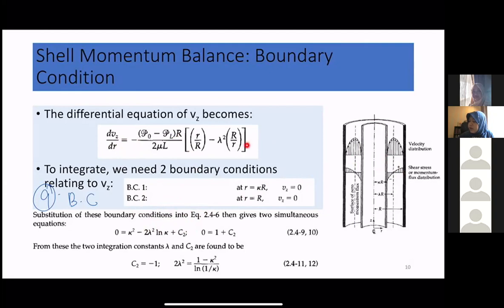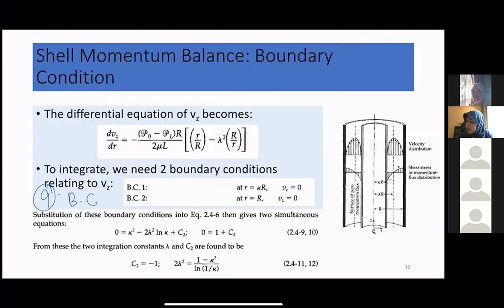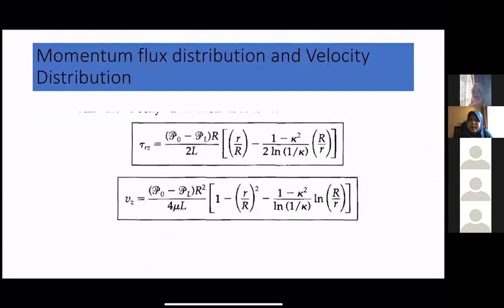If you substitute to here, so what happens there, and then from the integration we found the constant. This is the C1, and then you can also get the C2, and we also get the correlation between kappa and also the lambda. And after that, we get the momentum flux distribution and also the velocity distribution, this one.